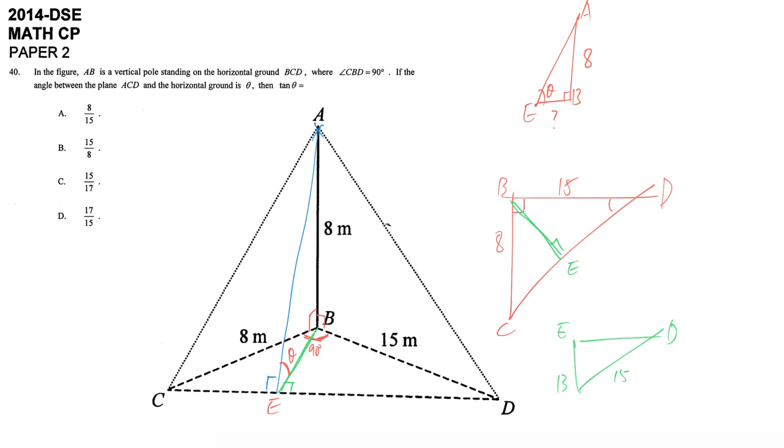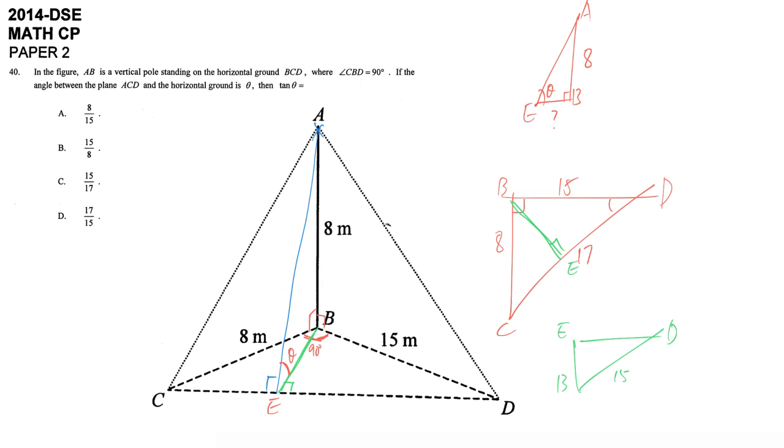So we know BD is 15. So we can use the ratio. And this is a right angle, so with Pythagoras' theorem we can find CD. CD is 17. So how can we get EB? We may simply divide 8 by 17 and then multiply by 15. It helps us get EB.